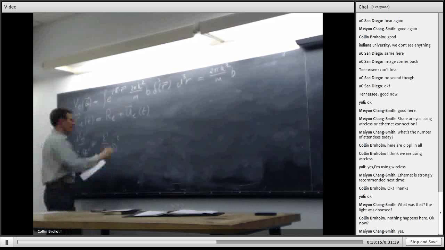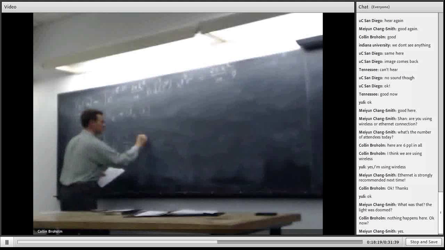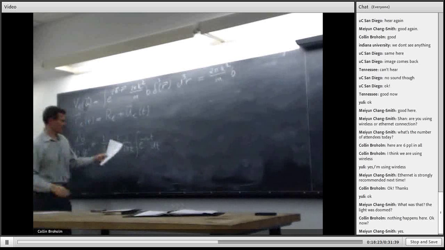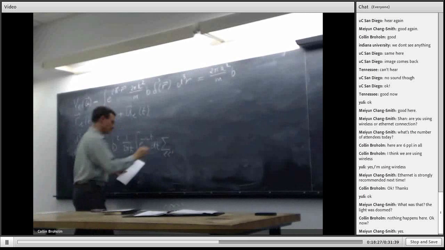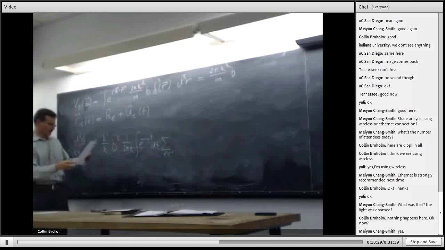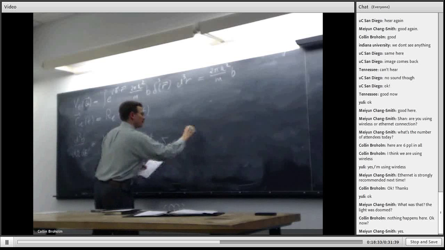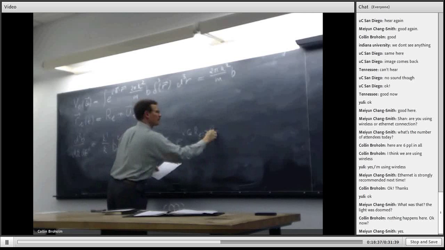And then I have my time integral, and I have my double space summation over L, L prime, and then I have, let me just see here, R_L' minus R_L.